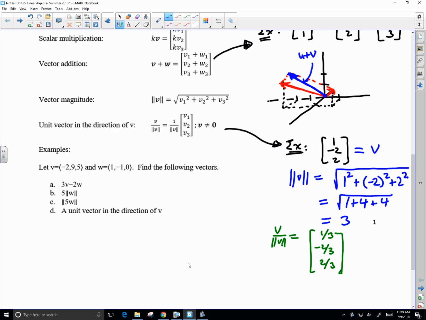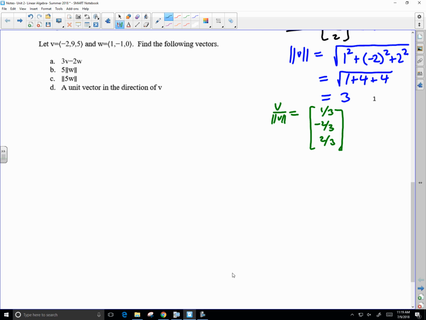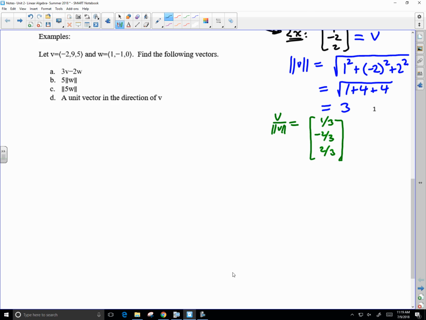Parts B and C aren't really proofs, but they take the form of something that could end up being a proof, because this could very easily become k times the magnitude of W is equal to, and we want to see if that's equal to the magnitude of k times W. You always want to keep that in mind: anything property related could take the form of a proof on a test.